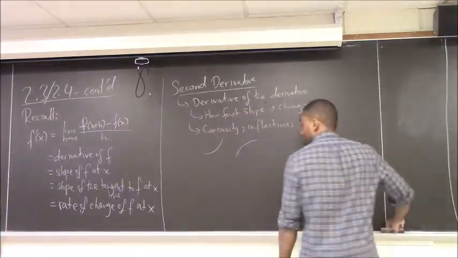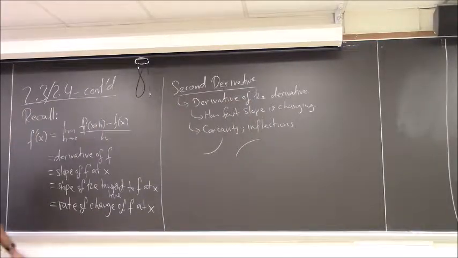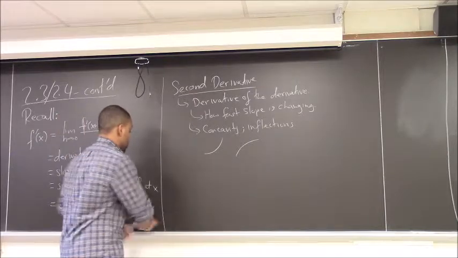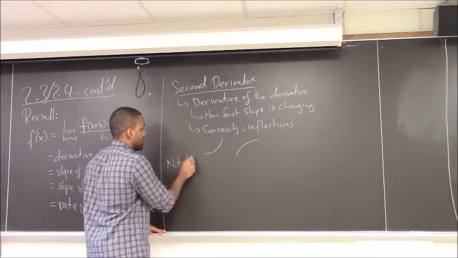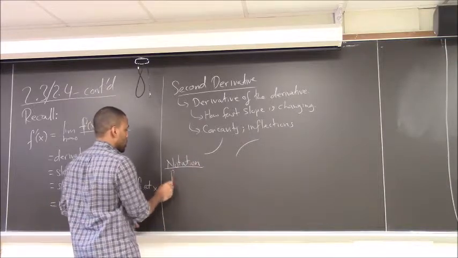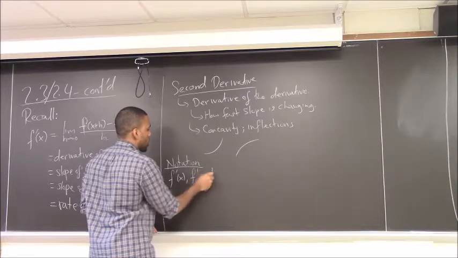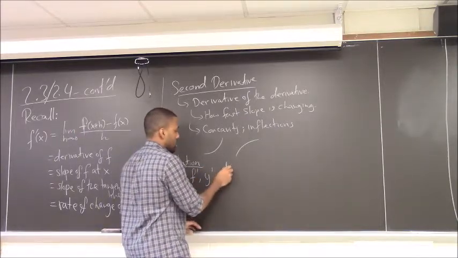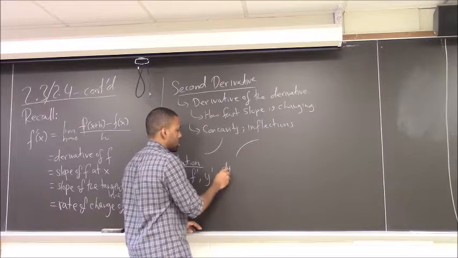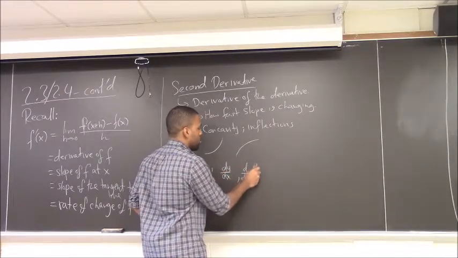What I want to talk about now is, well, let me also mention this from my last class, so let's just mention it here. Notations: f prime of x, or I can say f prime or y prime, or whatever letter I'm using. I can say dy/dx, or I can say something like d/dx and write the function beside it.